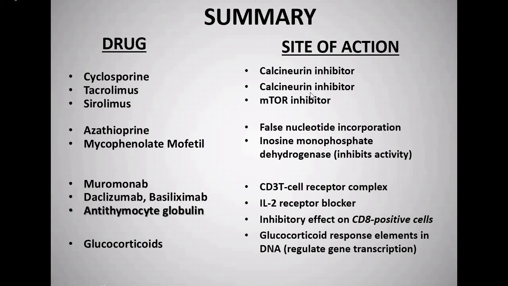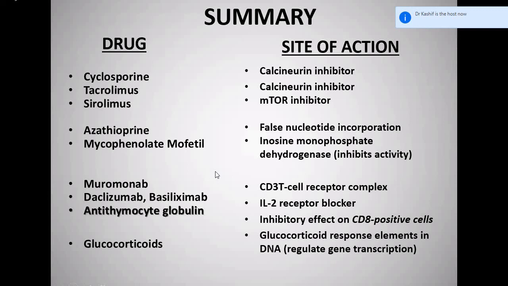They are the specific T cell inhibitors, the main players, first line agents. Then we have the cytotoxic drugs, or anti-proliferative drugs, the anti-cancer drugs. We discussed azathioprine, a false nucleotide incorporation inhibitor. Then we have mycophenolate mofetil, an inosine monophosphate dehydrogenase inhibitor. Also, we discussed cyclophosphamide and methotrexate.